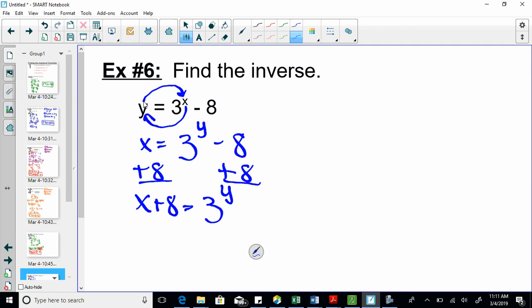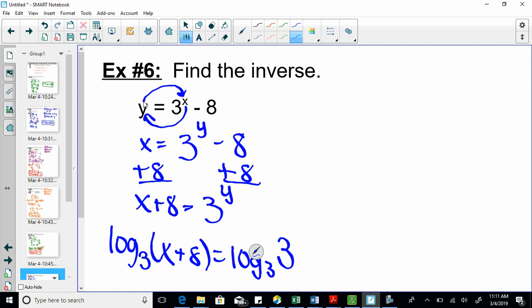So what we do is we put down log of base 3 of x plus 8 equals log of base 3 of 3 raised to y. And just like we did for the last example, because you have log of base 3 of 3 raised to y, the 3's are exactly the same, so they cancel each other out.